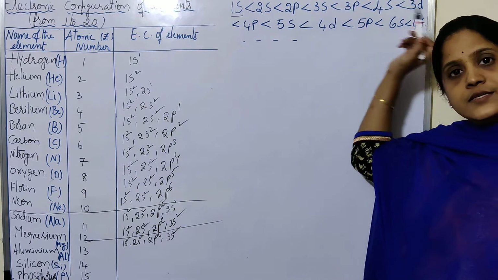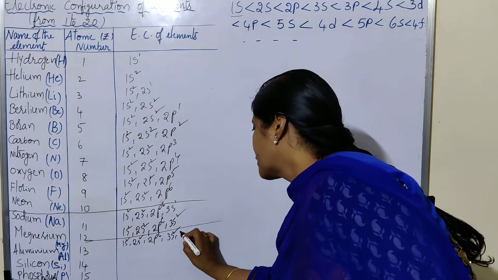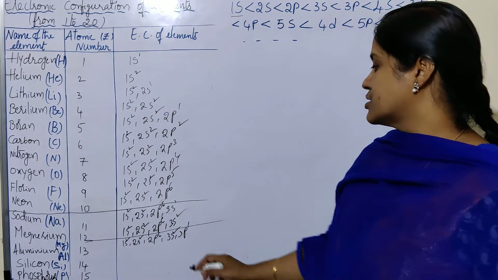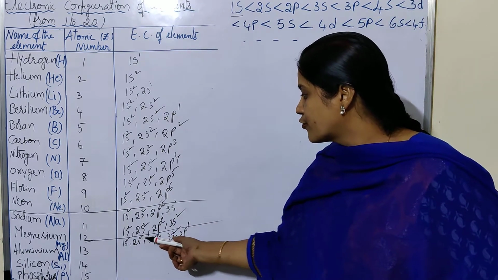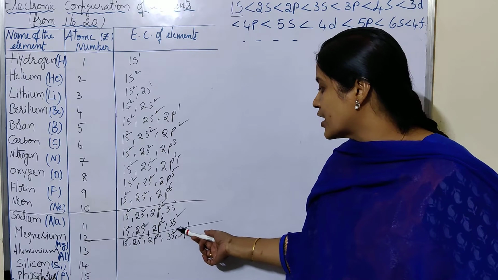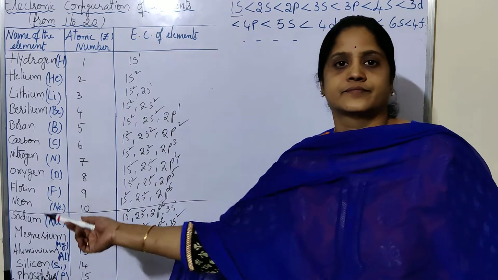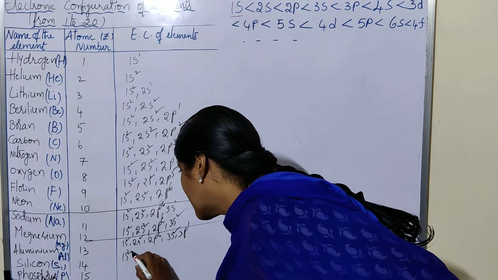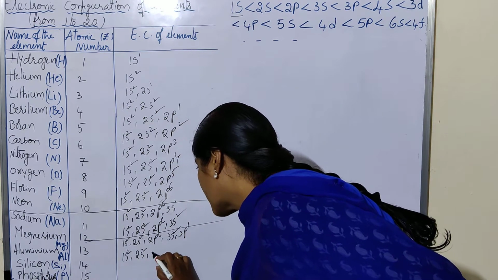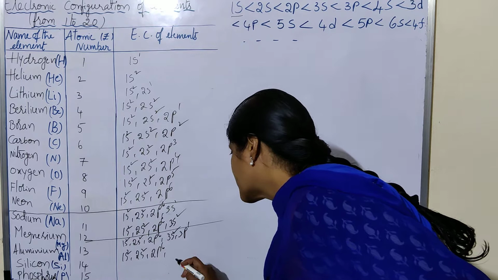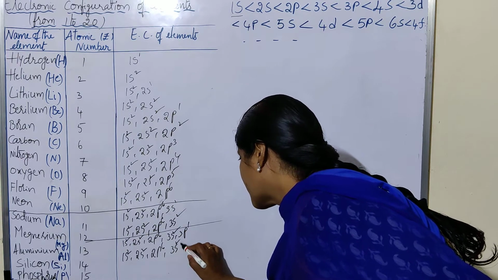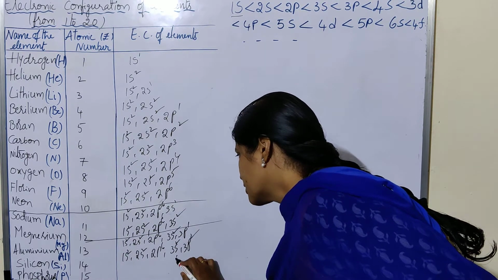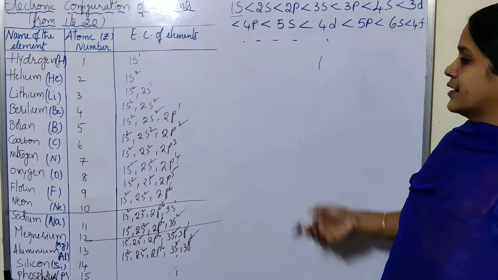Next coming one is 3p, so you write it as 3p1. Just count it: 2 plus 2 is 4, 4 plus 6 is 10, 10 plus 2 is 12, 12 plus 1 is 13. So like this, you have to learn how to write the electronic configuration of elements from 1 to 20. So 3p2 and so on you will get.